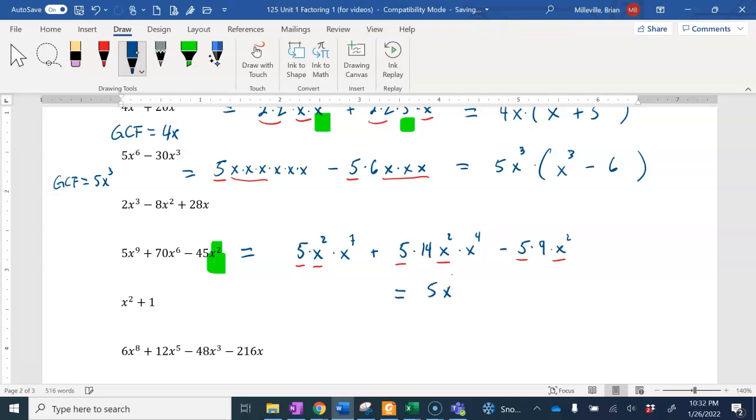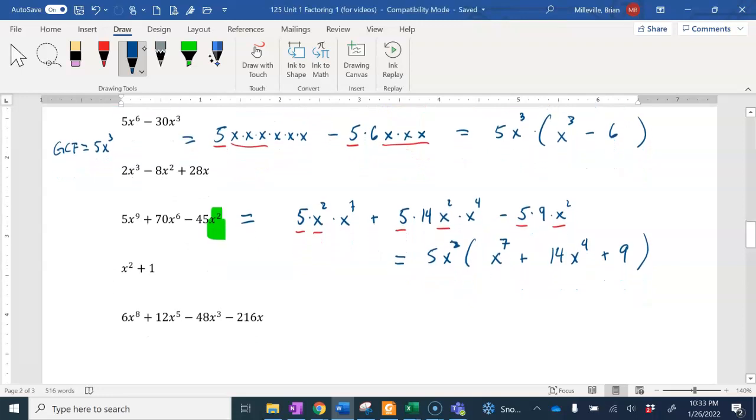And when we do, we're left with x to the 7th power plus 14x to the 4th power, and plus 9. And again, we can redistribute that 5x squared back through the parentheses, and it will check and give us our original result.